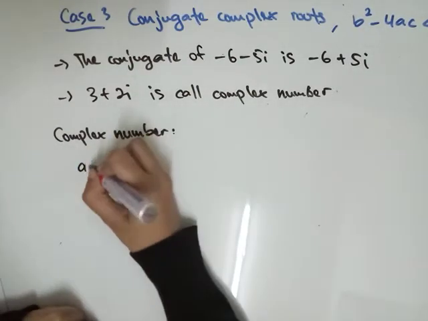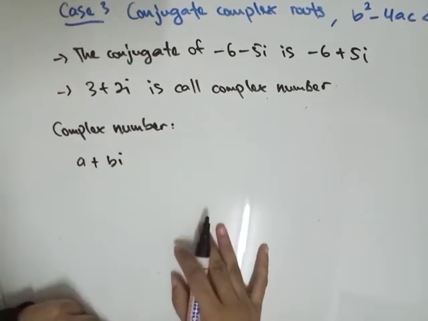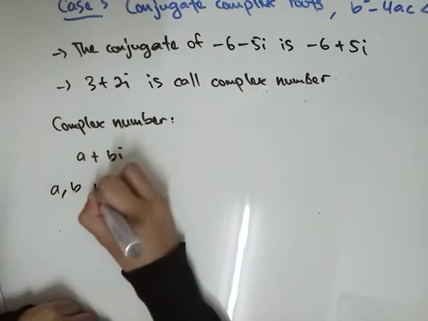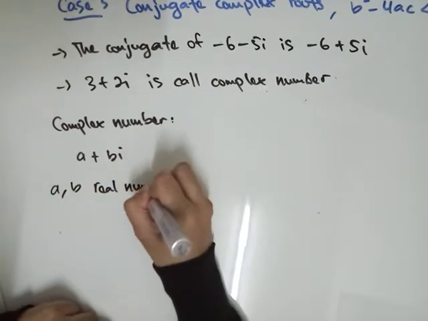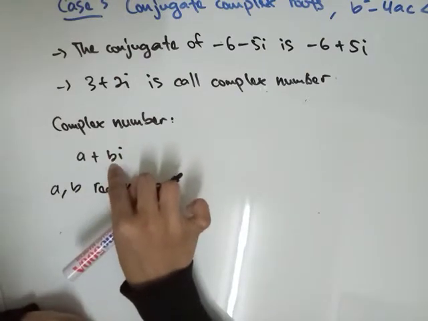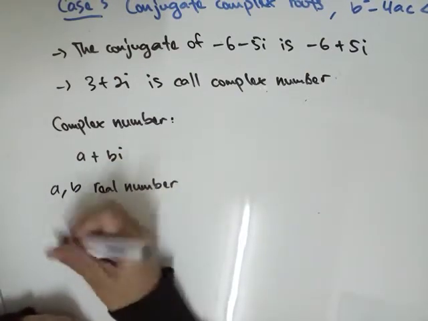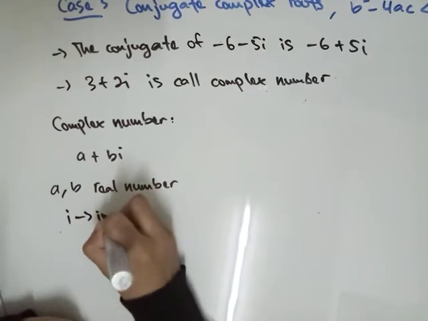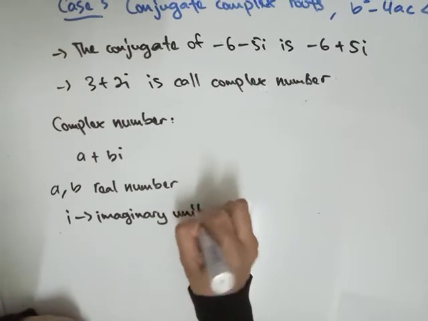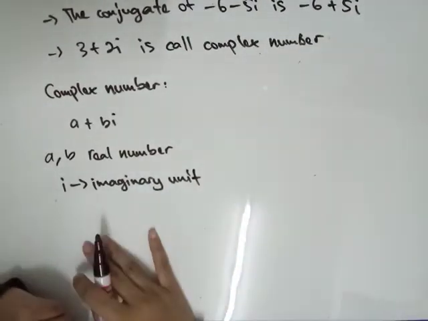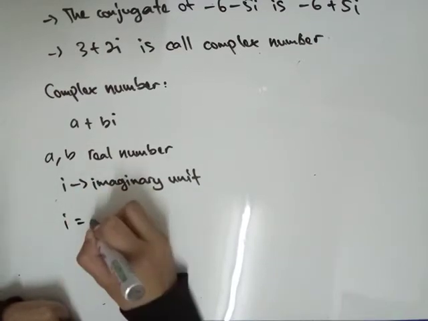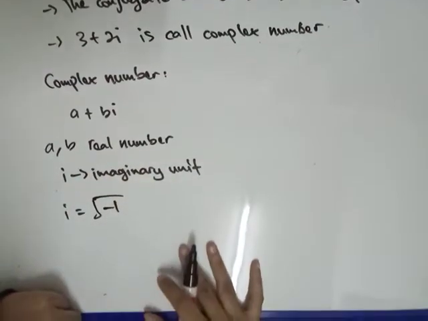It has the general form a plus bi, where a and b are real numbers. We know that a is the real part and b is the imaginary part. What is i? i is the imaginary unit, and i is equal to square root of negative 1.